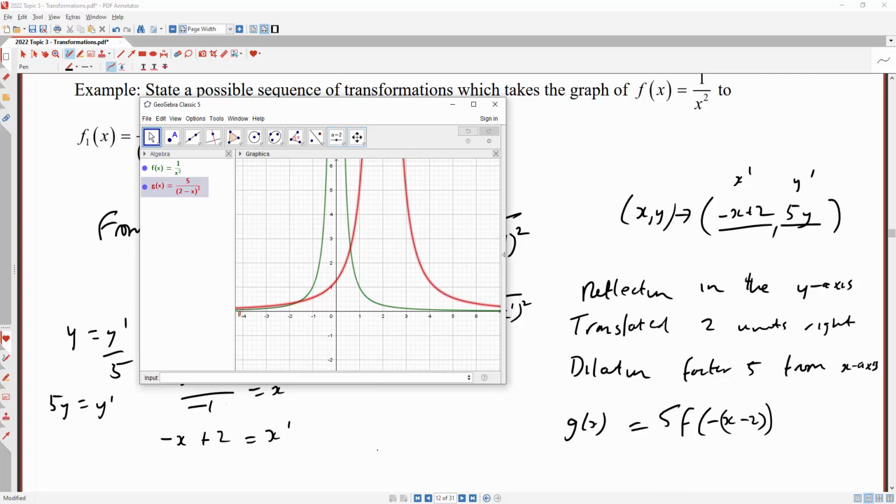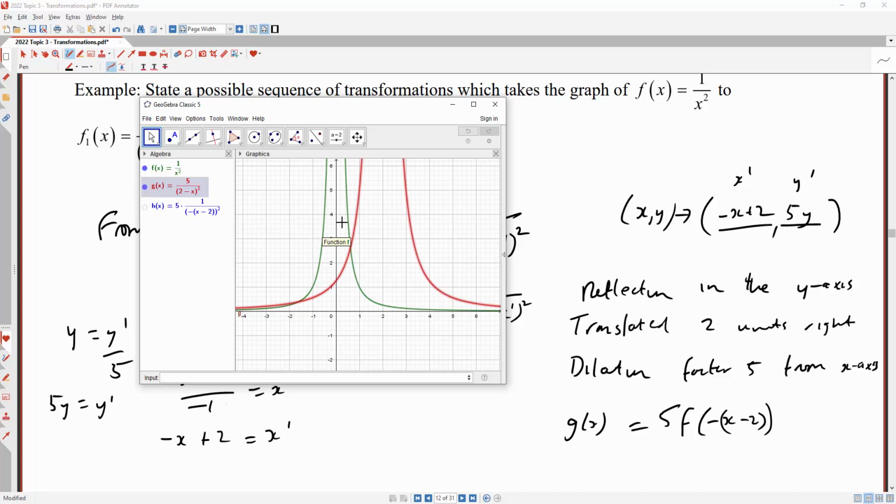Now, if my transformations work, if I type this in, I'm going to say h of x is equal to 5 times f of negative x take 2. And you can see that h of x is the same as g of x, which means when I apply the transformations to f of x, 1 on x squared, it does indeed produce this red graph here.